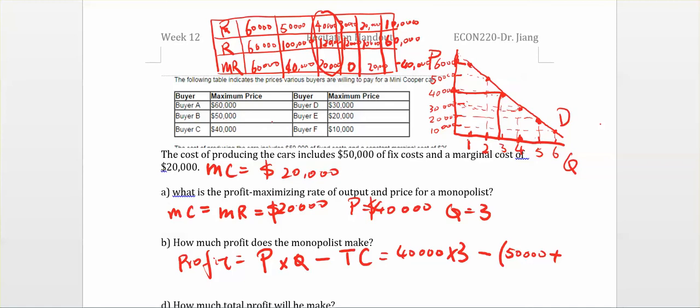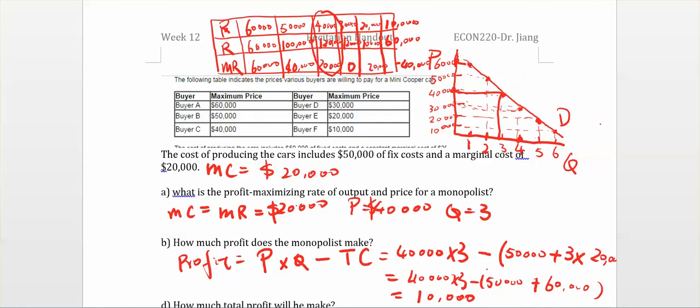Since each time we only add one more product, and we have a total of 3 products, so plus 3 times $20,000, and we will get our total cost. $60,000 is our total variable cost. And then use a calculator and you will get $10,000 as the profit.